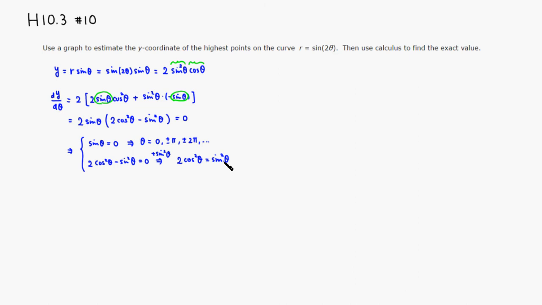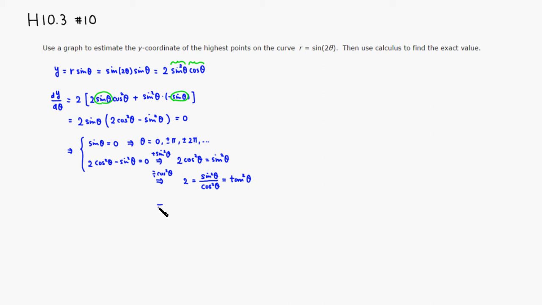Then I'm going to divide through by cosine squared of theta. So you have 2 is equal to sine squared of theta over cosine squared of theta. Alright, but sine over cosine is tangent, so this is the same thing as tangent squared of theta.